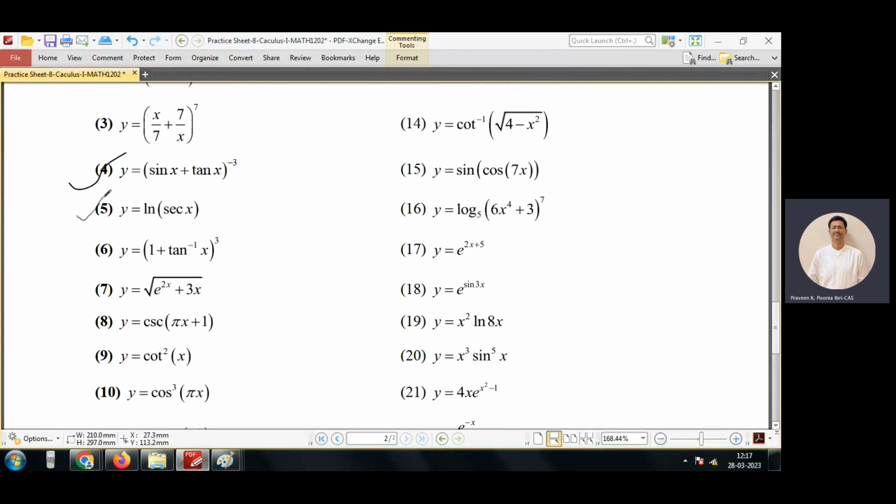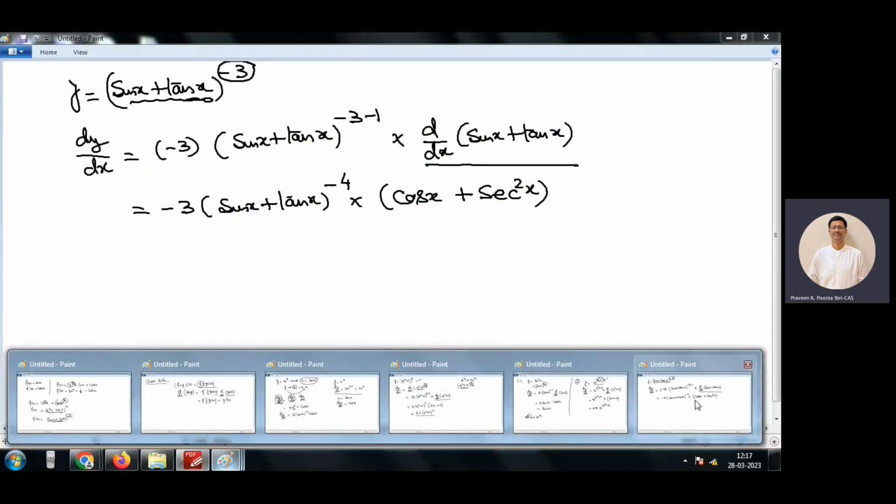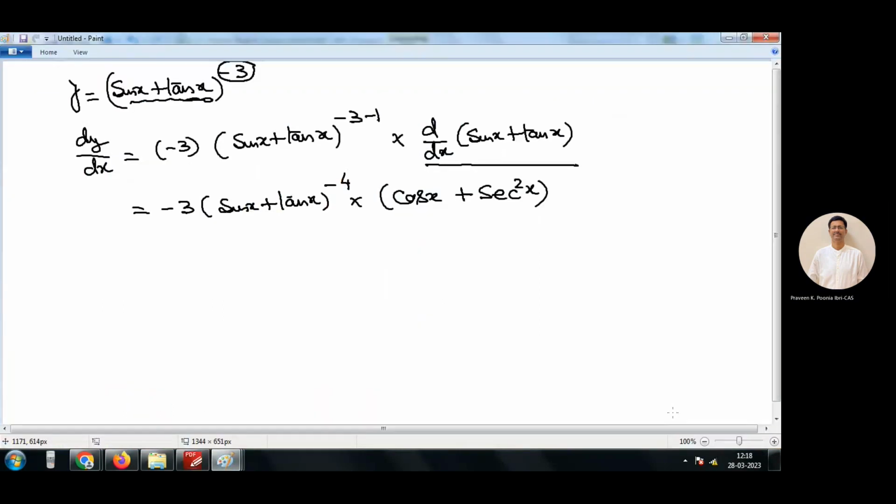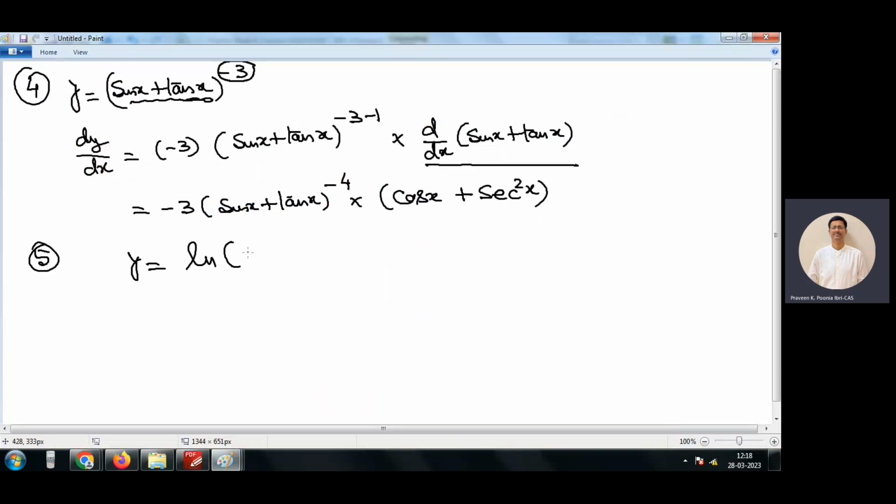Like say question number 5. How can we solve it? It is y is equal to ln sec x. So this is 4, this is 5. y is equal to ln sec x. So what is this? The first function is ln here, the logarithmic function. Then the second function is not x, it is sec x.